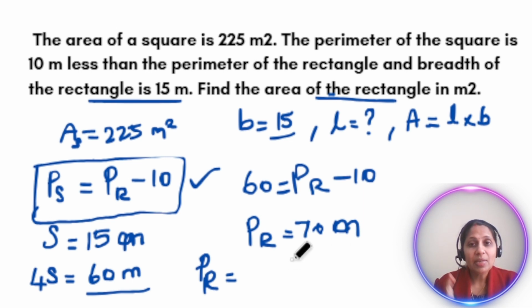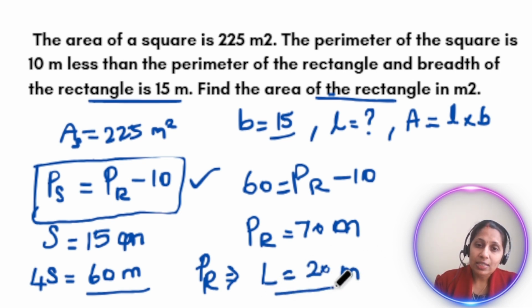This 40 is nothing but length plus length. So 70 minus 30 gives you 40, right? From this we can say that the length has to be 20. 20 plus 20 gives you 40.